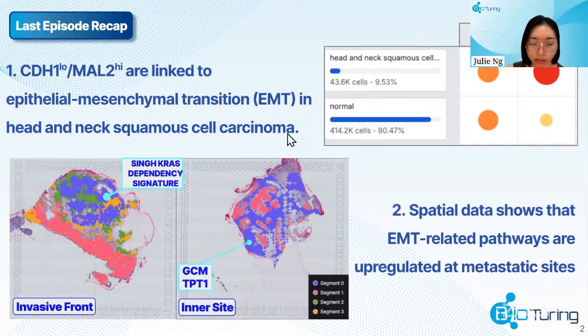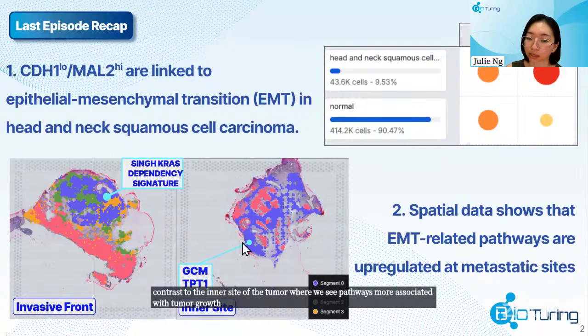When we try to see this pattern again in our spatial data, we look at two different sites of the tumor, one at the invasive front where we can see the tumor interacting with host cells. We can see some of the pathways upregulated in the tumor are EMT related, which means that this is the site of metastasis. This is in contrast to the inner site of the tumor where we see pathways more associated with tumor growth, but not necessarily metastasis.